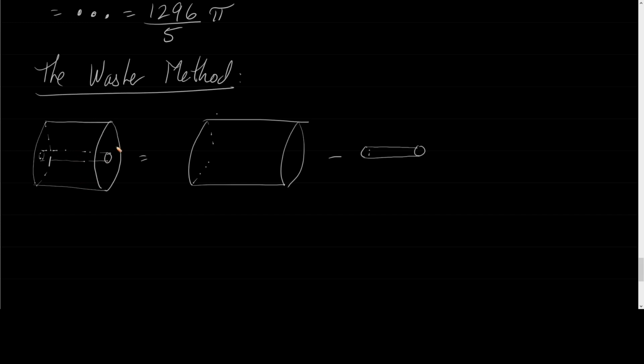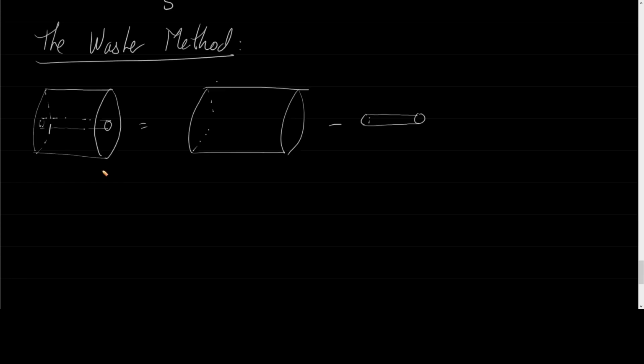Now, in terms of a washer, this gives us essentially an outer radius and an inner radius. That's how I want you to think about this: a bigger radius and then an inner radius.